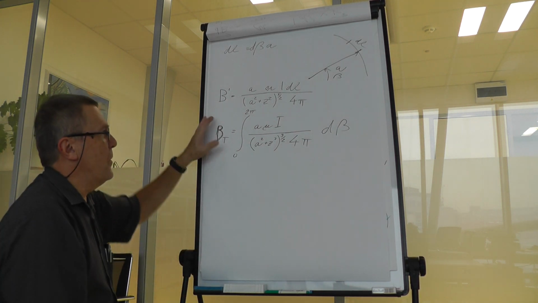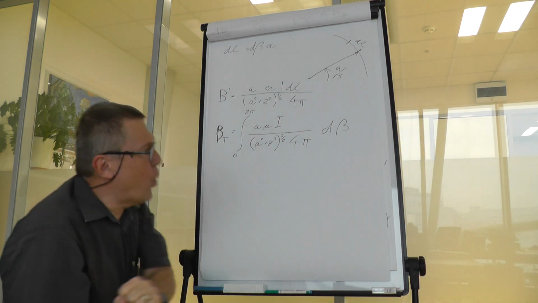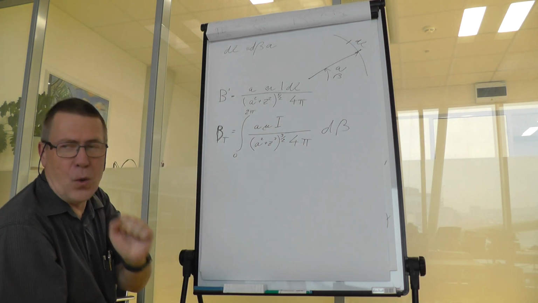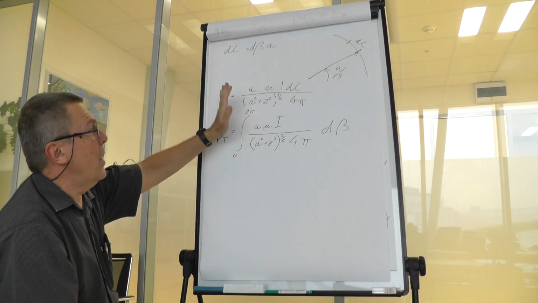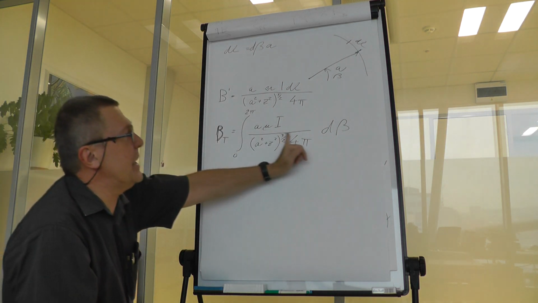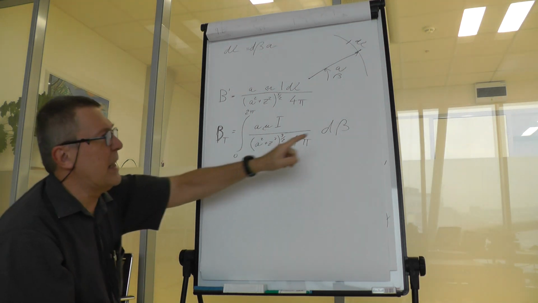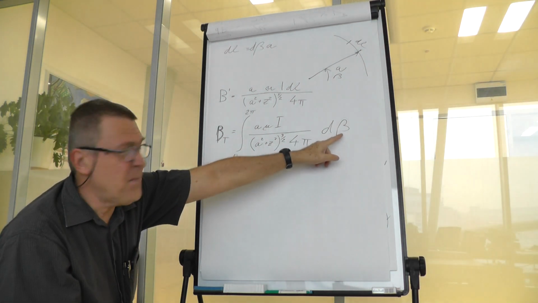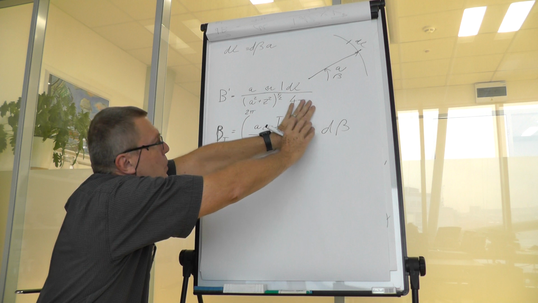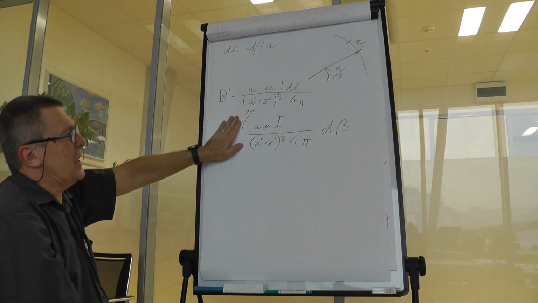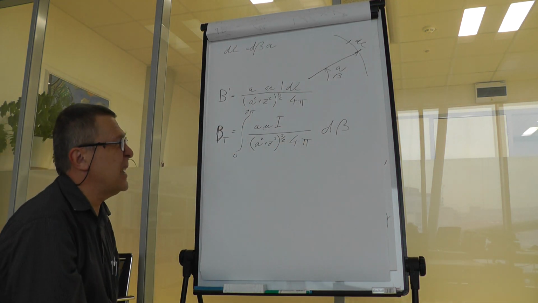Well, okay, so we have the integral. Fortunately, it's quite simple. In fact, anything in the integrand here is constant against beta. So what we do is we just put it in front of the integral.